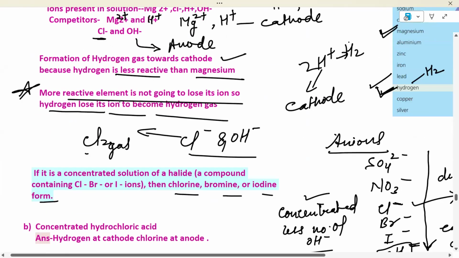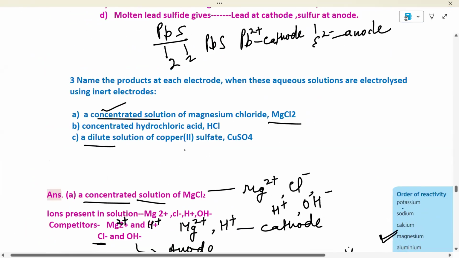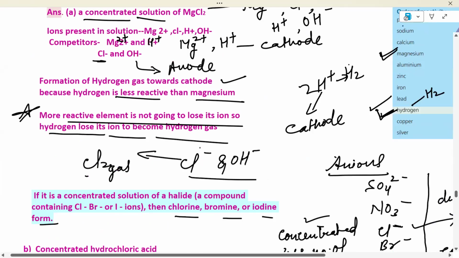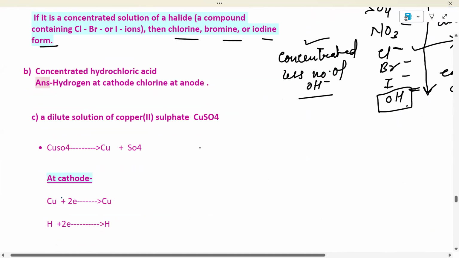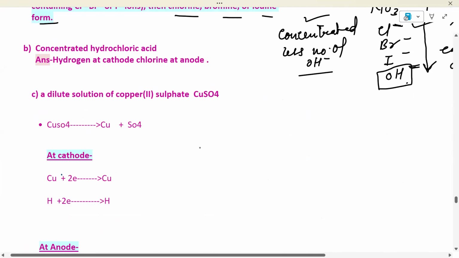Next is a dilute solution of copper II sulfate. See, in dilute solution of copper II sulfate, look here, copper sulfate will give Cu2+ ion and SO4 2- ion, right?